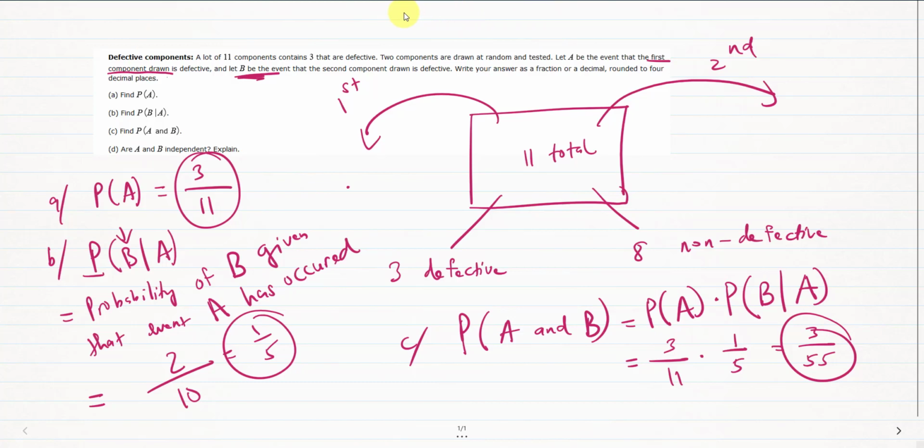And the reason is because if I take out the first component and it is defective, then the second time when I take out another component, the chance that I will get another defective one is smaller, compared to the case that the first one is not defective. Then when I take out the second component, that one has a higher chance to be the defective one.